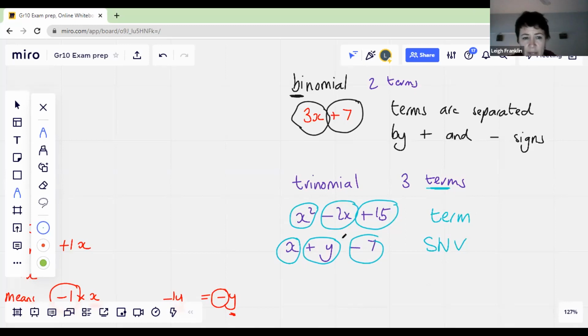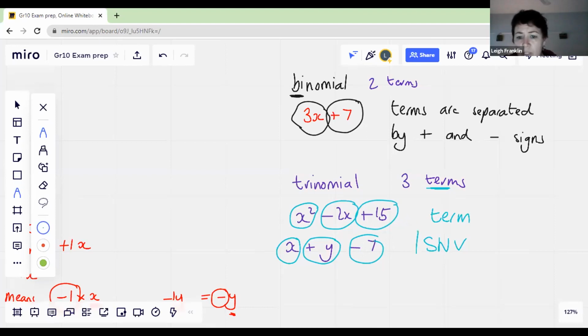Do you understand that, grade 10s? Over here, plus 15, no variable in this one. Again, sign, number, variable: sign plus, number 1, variable x; sign plus, number 1, variable y. Next term, sign minus, number 7, in this case no variable. That's because 15 and 7 are constants.